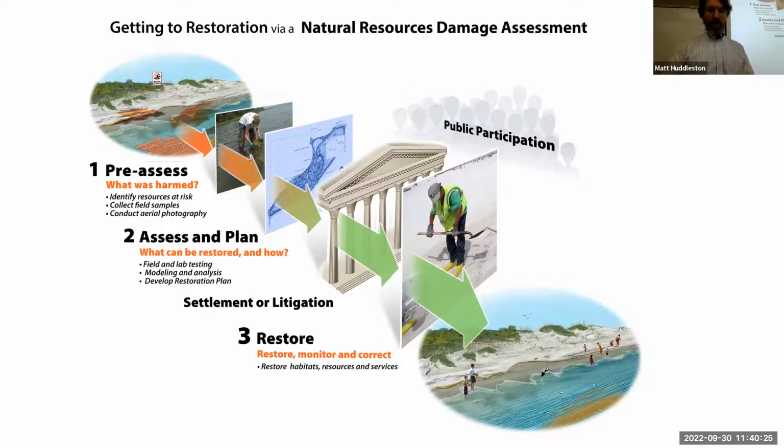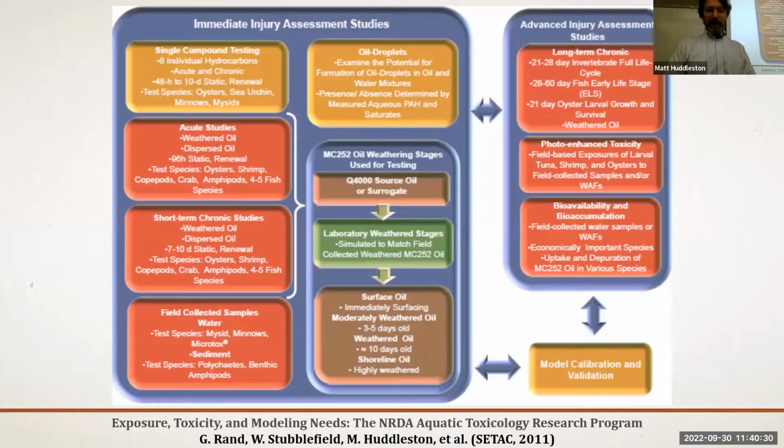So I'm going to show you a quick example of that process. I show you this slide, don't try to read this, please. But when we took a first cut at designing some laboratory experiments to address some of the immediate injury and then some of the longer term, what's called chronic injury, we were working with a number of organisms.